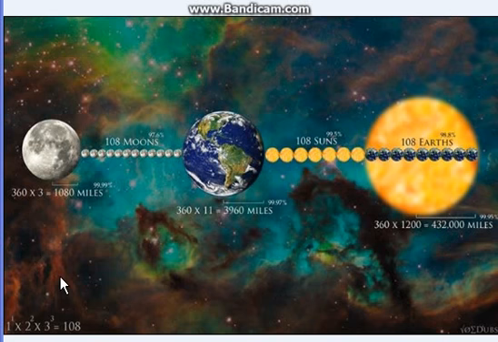And here on the left side of this screen we have an interesting calculation. So 1 to the power of 1, times 2 squared, times 3 cubed, gives us 108.